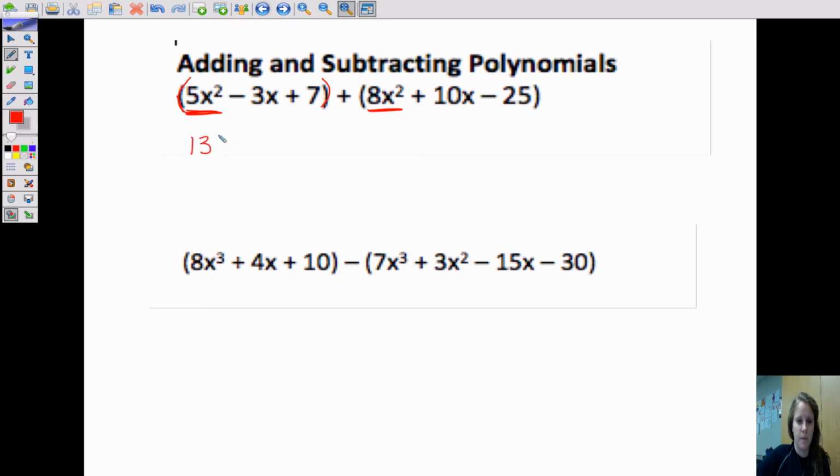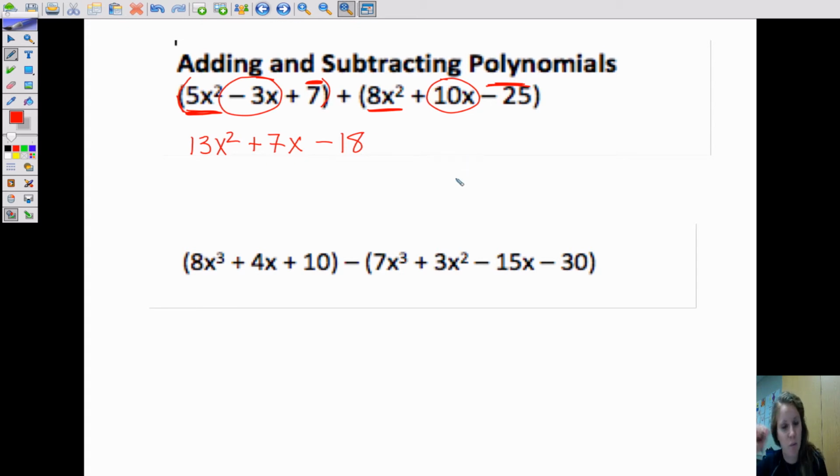Then we have negative 3x and 10x, so that's going to give us 7x. And we have a positive 7 and a negative 25, so that's going to give me minus 18. Okay, so that's just simplifying those two polynomials.